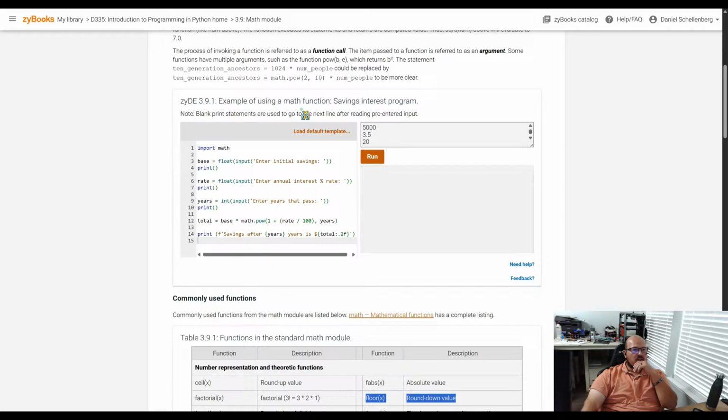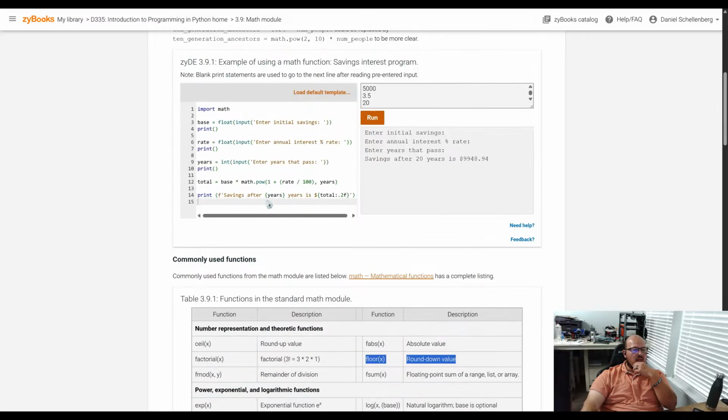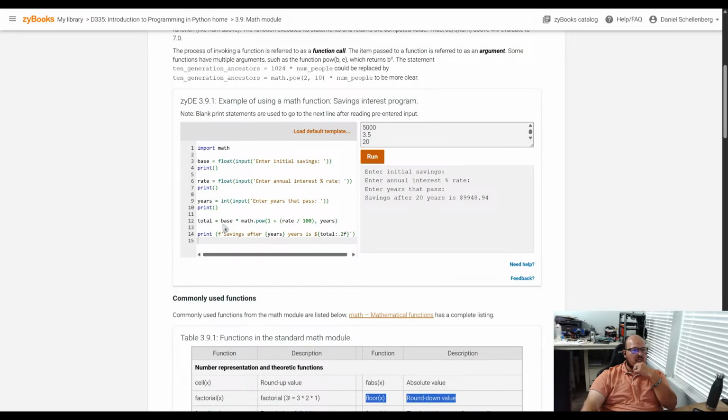Example of using math functions, savings interest. Okay, so import math, base, float, interest. Okay, so let's run this. Enter initial value. Enter annual rate, percentage rate, savings after 20 years. So it's taking the inputs and then it takes the total.